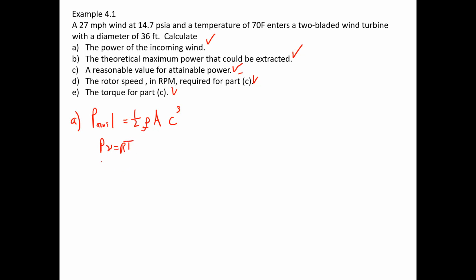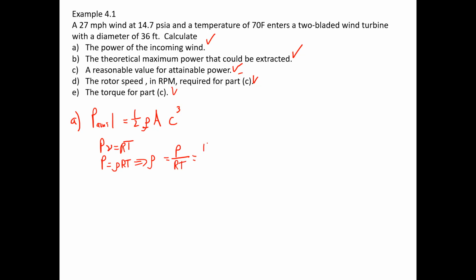And actually, we can recast the ideal gas law by dividing through by specific volume. So we end up with P equals rho RT. We can compute the density by taking the pressure and dividing it by the gas constant times temperature.